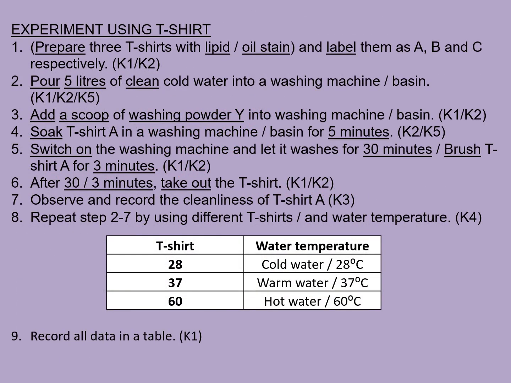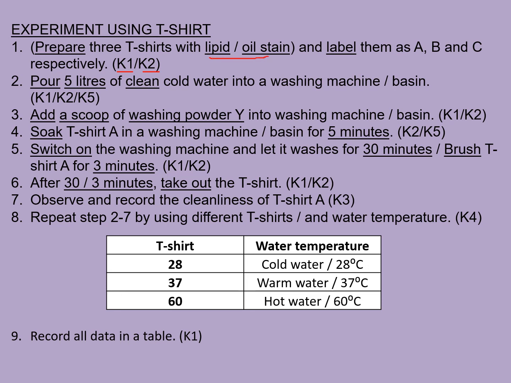Procedure of experiments: experiment using t-shirt. Step 1: prepare 3 t-shirts with lipid stains and label them as A, B, and C. Preparing 3 t-shirts is K1, preparation of material. With lipid stain is K2, preparation of constant variables.